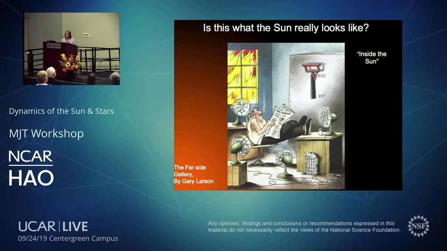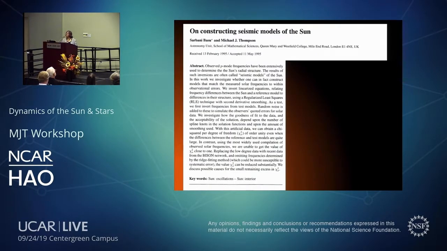In fact, my first paper with Michael was about inversions. This work was done in basically '93, '94, when there was very little data. There was just one data set, the Big Bear data set, which was fantastic, but still nothing compared to some of what we have now.